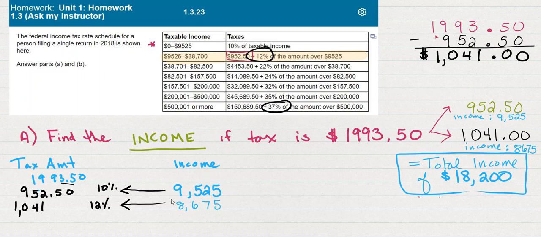So working backwards, you can see that 10% divided into the tax amount gives us the income of $9,525. And then that leaves us $1,041 in taxes, which working backwards with the 12% gives us $8,675. And so when I add these two amounts up, I get the total income of $18,200.